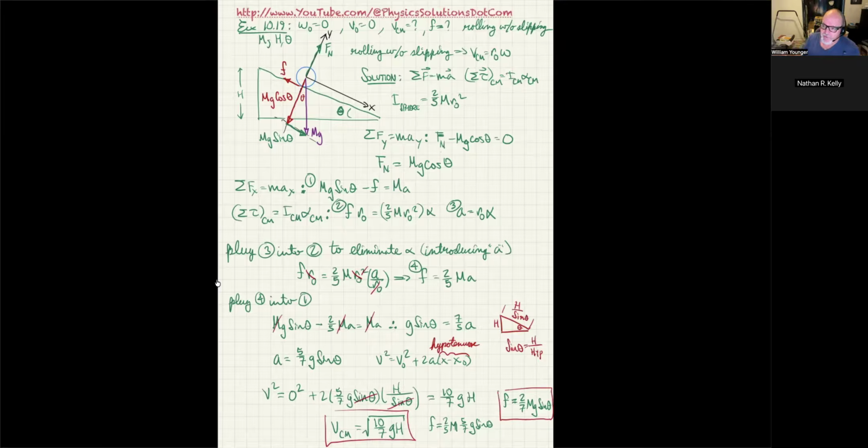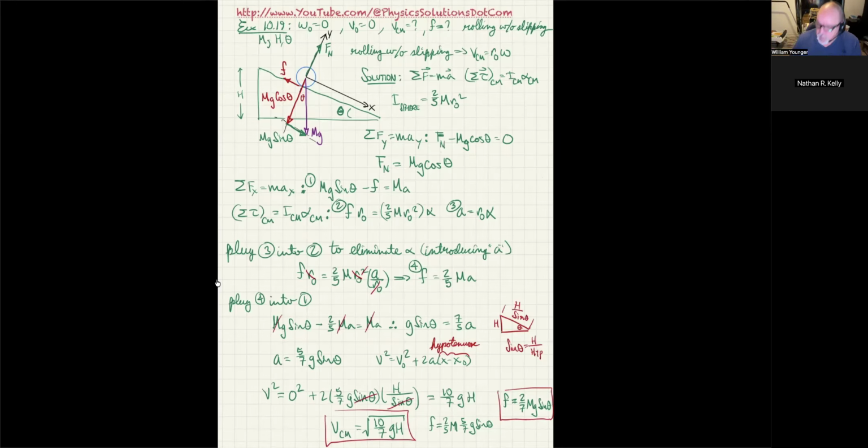So we can't really say that setting that equal to mu times mg cosine theta would necessarily give us the mu. That would give us a possible mu, but the mu could actually be a little bit larger. So that's why I'm not using that. But that's also the reason why I started with the summation of forces in the y direction equals mass times acceleration in the y direction, in case we wanted the mu, but we didn't need that.